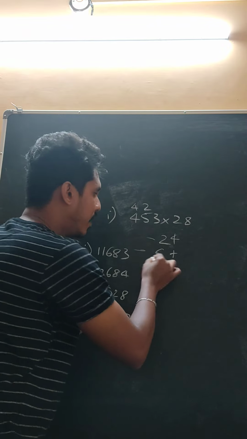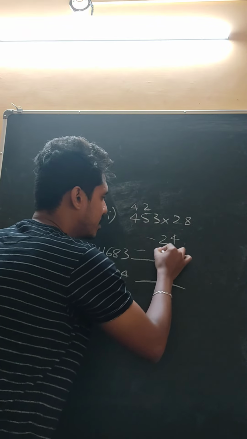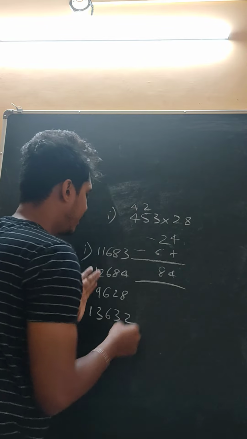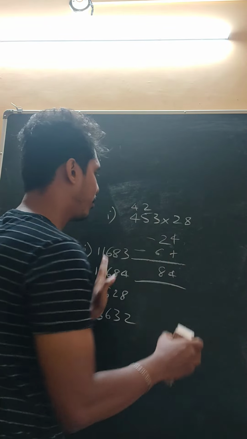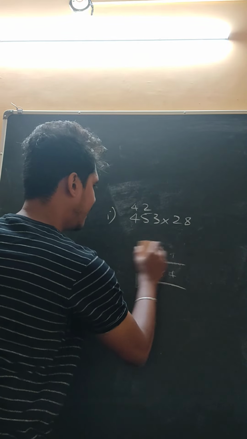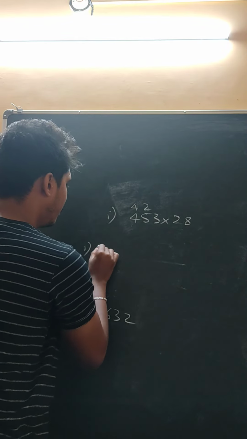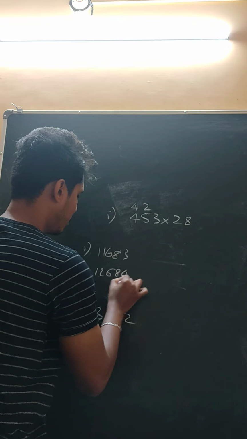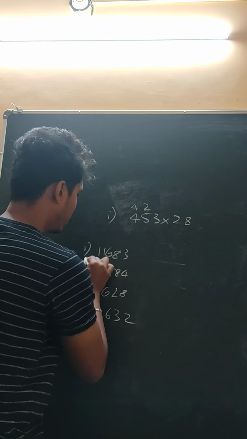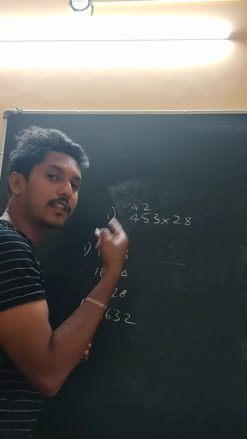They'll continue, then do addition 6 plus 2, 8, 4 carry, then calculate the particular answer. So there is no need of doing the full problem. In case of these 4 options, 11,683, 12,684, 9,628, how to select the proper one?